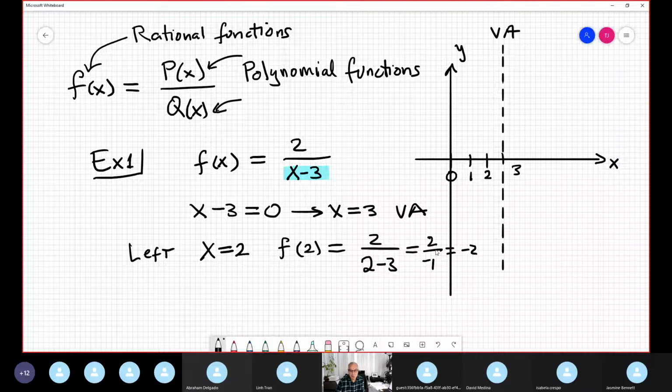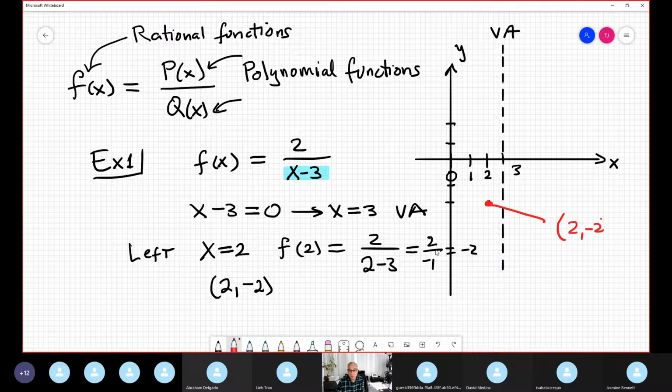The point is the point 2, -2, no? 2 was the x, -2 was the y. Plot that. The point is here. Let me use some red color. This point is the point 2, -2.